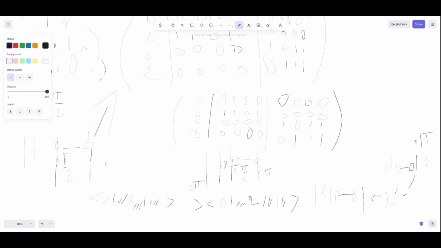So at the end, here is our matrix, which is Hz, and our final stabilized state is just this black pi, plus pi over 2, plus pi.